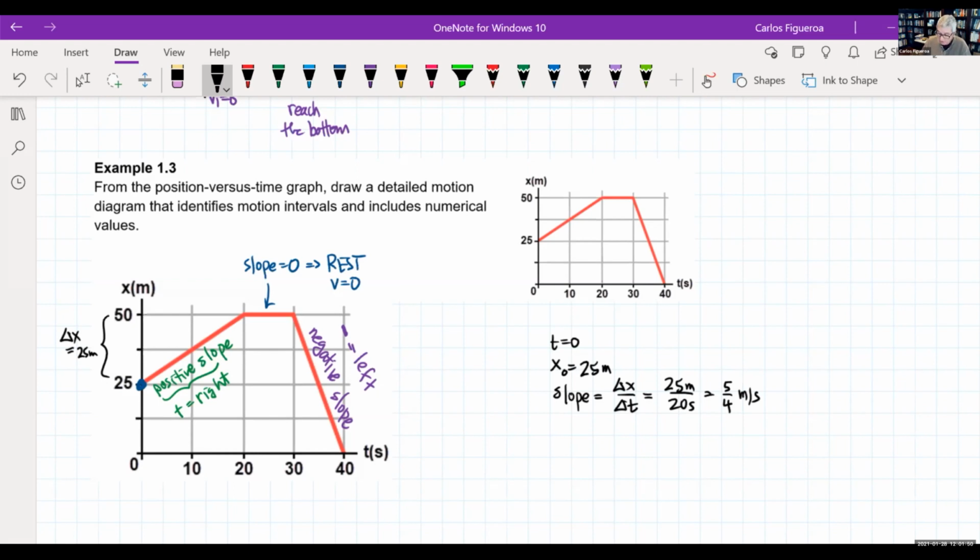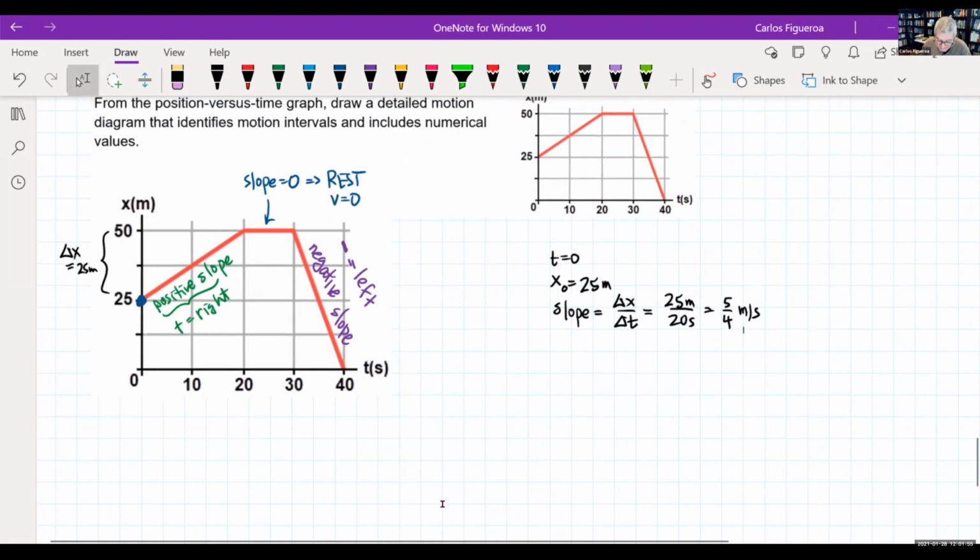So now when I look at my diagram, at t equal to 0, this guy is moving this fast, where I know that the velocity is 5/4 meters per second. Okay, it's going to keep doing that. And then something magical happens.